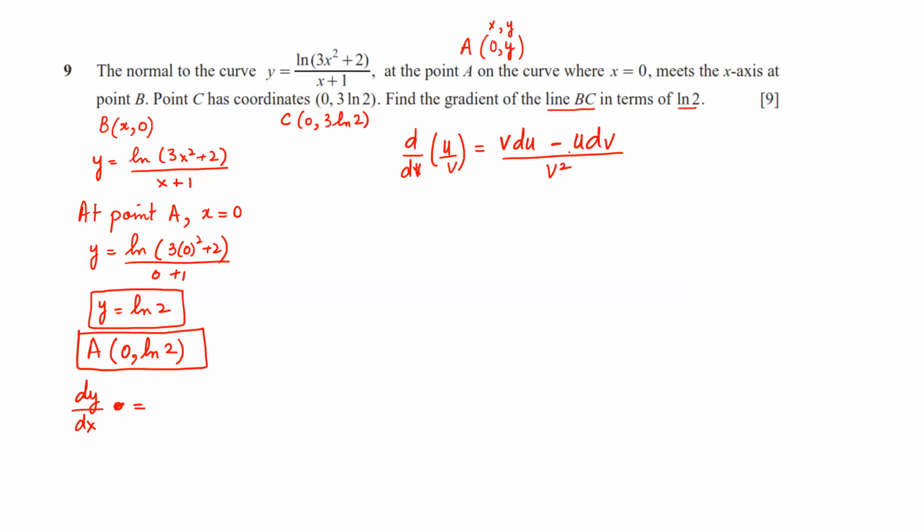This is how the derivative will look. So let's do the derivative. It will be x minus 1, derivative of natural log of this. It will be 6x.